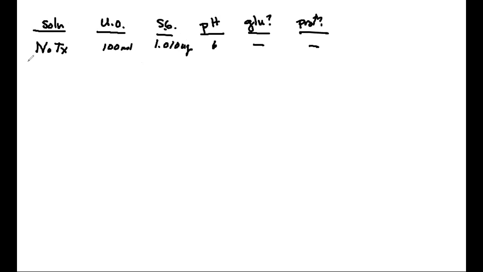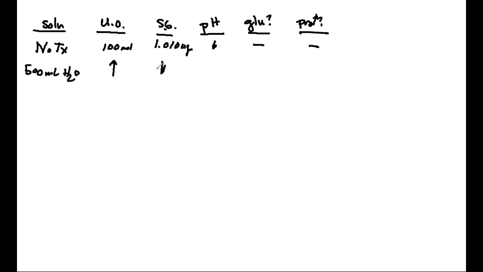What if someone drank 500 mils of water? Let's say they're already hydrated. What would happen to urine output? Urine output would increase, because they're already hydrated, so they are dumping water in the urine. What would happen to specific gravity?